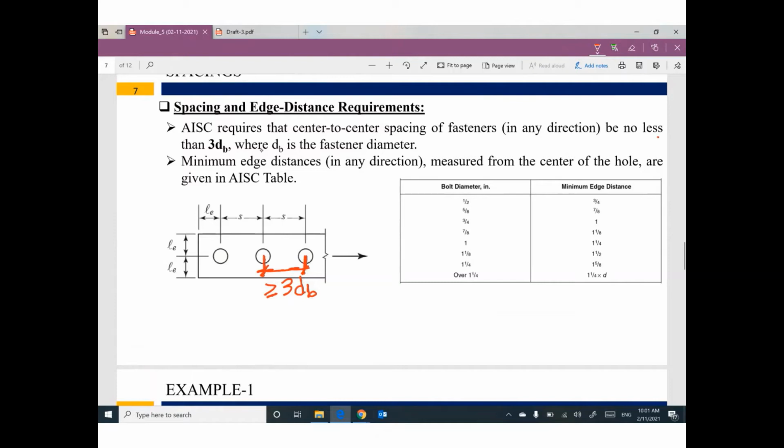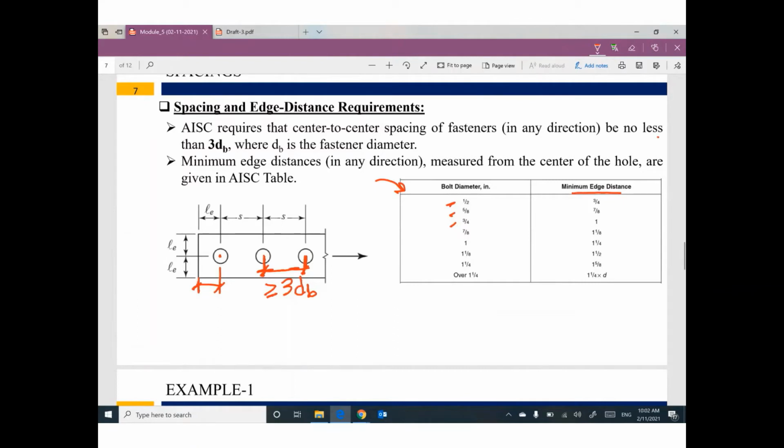The minimum distance between the center of the last bolt and the edge of the member, which is called the edge distance, must follow this table. Based on the diameter of the bolt, I can tell you the minimum distance. That makes sense?